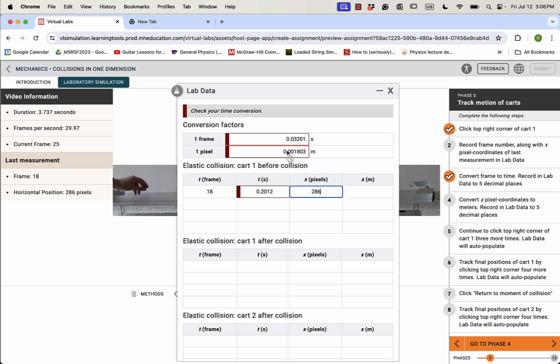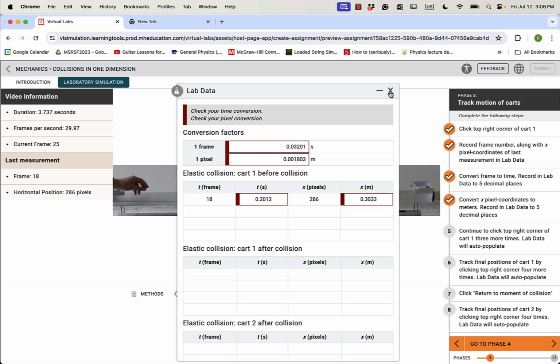Convert that pixel to meters, so you need to multiply this number by this conversion factor. So again, 286 times 0.001803. Okay, I'll just put some number here. So let's say that's 0.302, like that. Do the calculation, and you can cross-check.